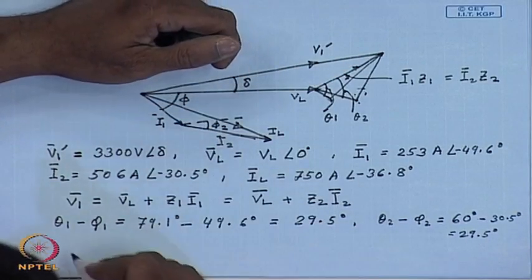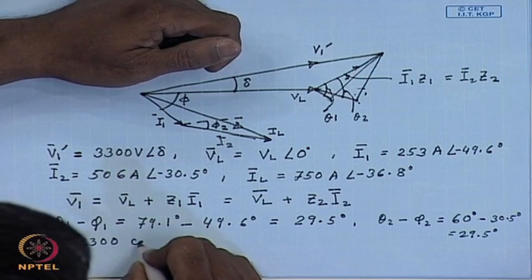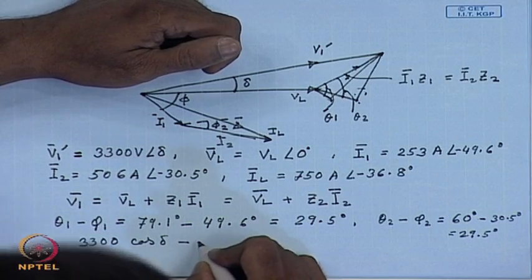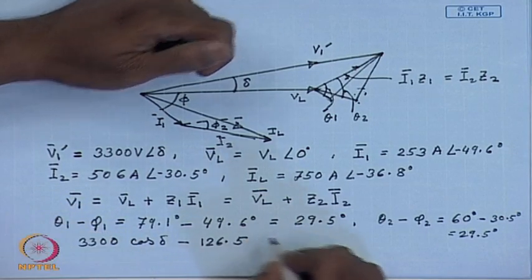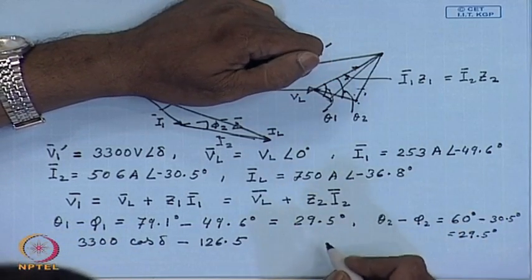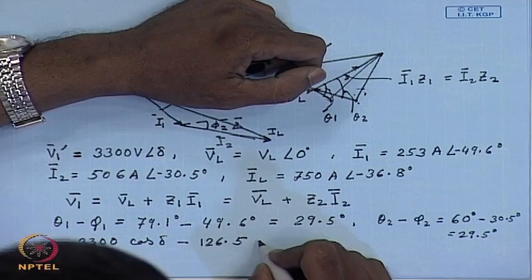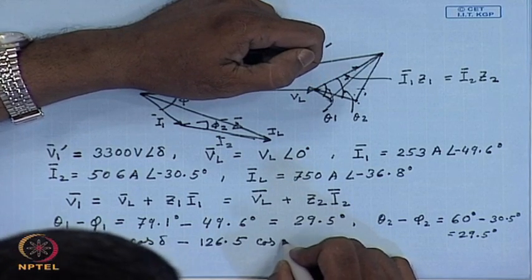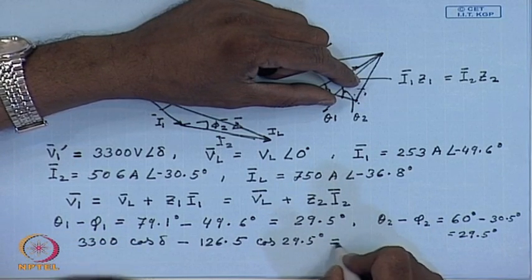So, we can write from this phasor diagram 3300 cos delta minus 126.5, which is 0.5 into I1 Z1 cosine of 29.5 degrees, that will give you VL.